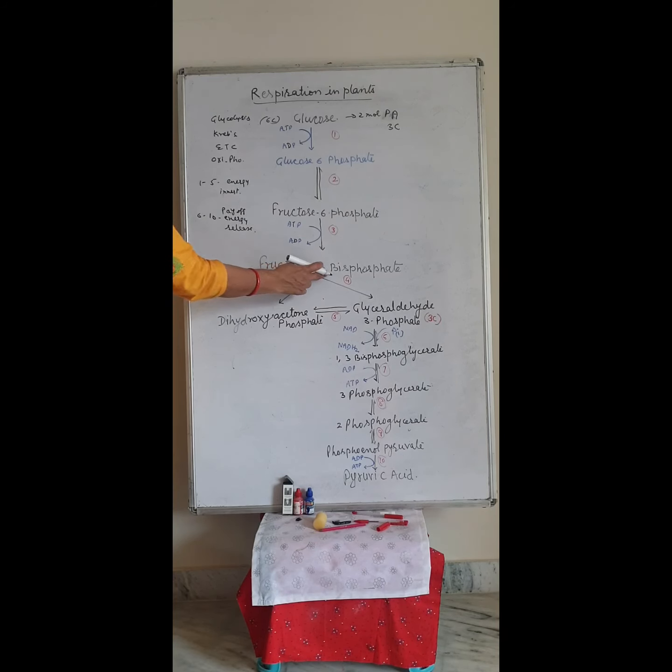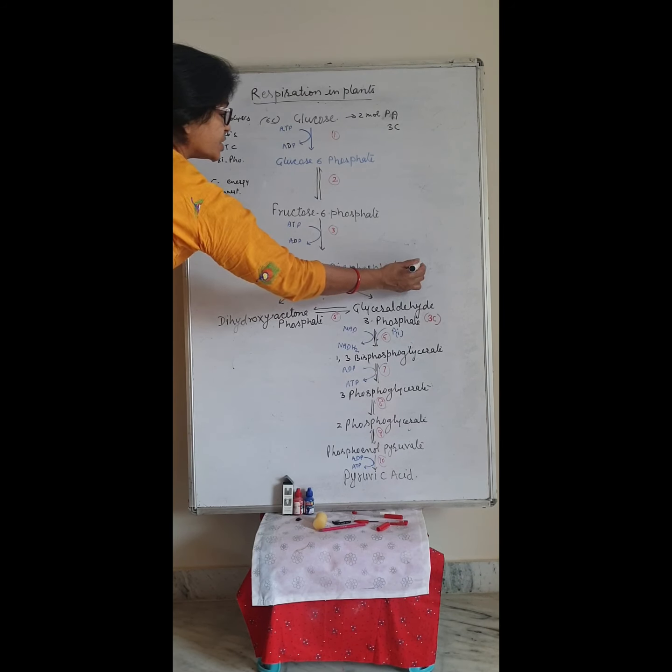So fructose 1,6, 6 is already there. The 1 phosphate is also released from the ATP and fructose 1,6-bisphosphate is formed. So up to here all compounds are of 6 carbon.